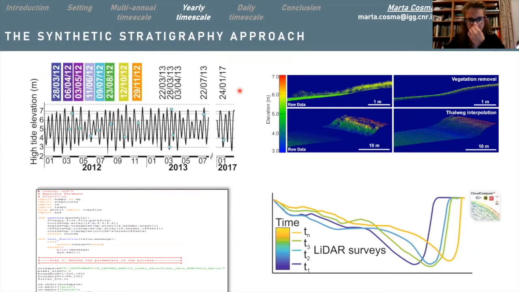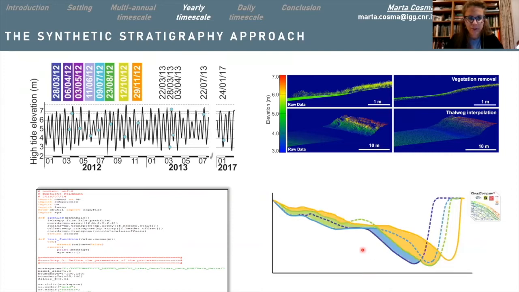All these different LiDAR surveys were used, with the help of a Python script, to create the synthetic stratigraphy of the bar. Essentially, it means that each survey was clipped whenever one of the following surveys shows lower elevation. This means that this area was affected by erosion.